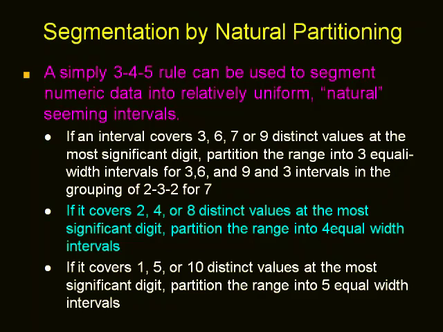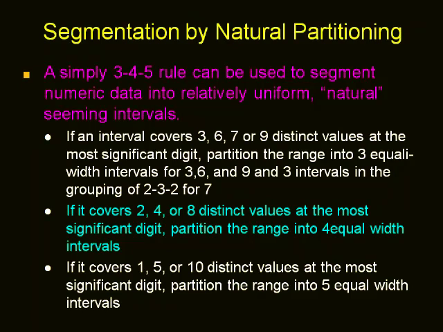If an interval covers either 3 distinct values, 6, 7 or 9 distinct values at the most significant digit, partition the range into 3 equal width intervals for 3, 6 and 9 distinct values, and 3 intervals in the grouping of 2, 3, 2 for 7 distinct values.